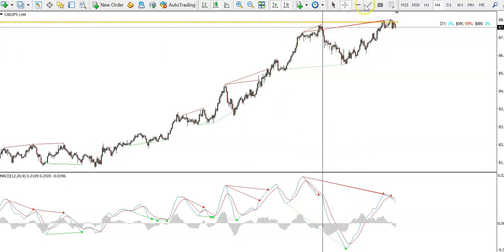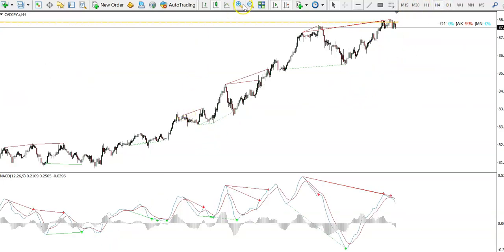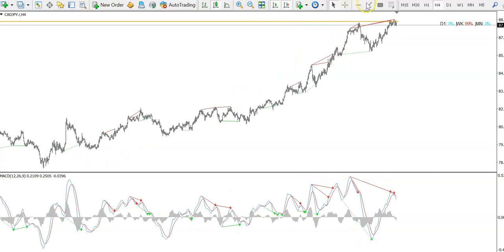Okay, we had this huge uptrend here. Sorry, we'll draw that in the 4-hour chart, looks better. Okay, with this huge up leg here.